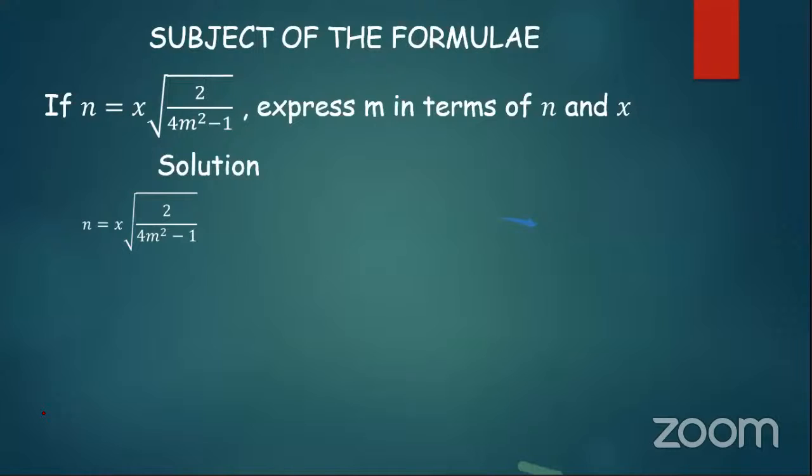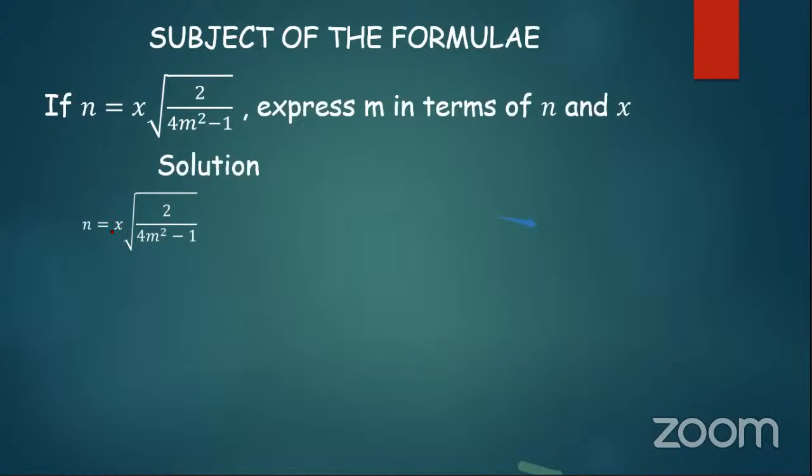So we began by saying this expression is different from what we have had in the past because it has a square root sign. And to remove it, we need to square both sides, because that is when it disappears.